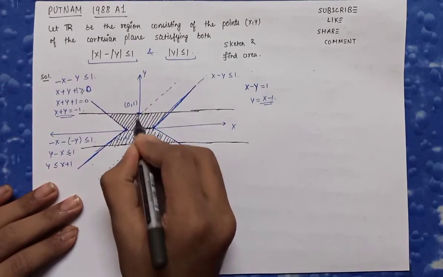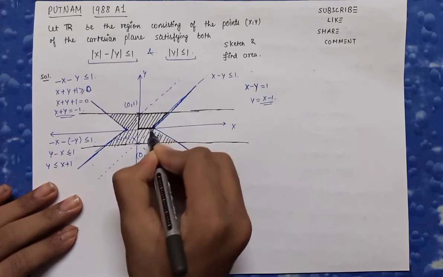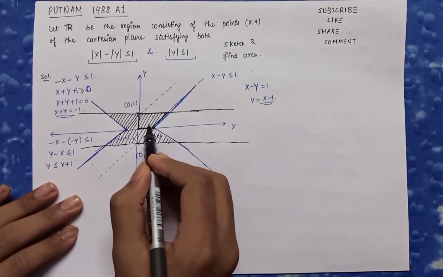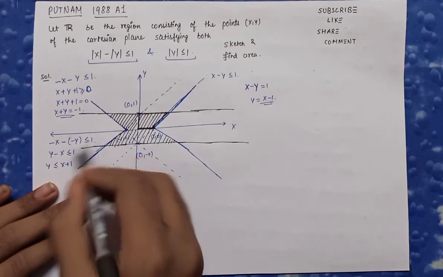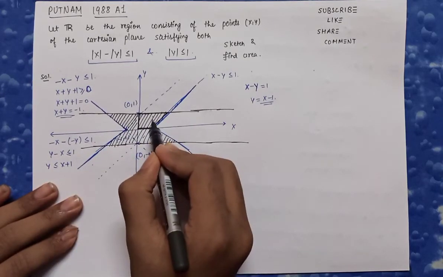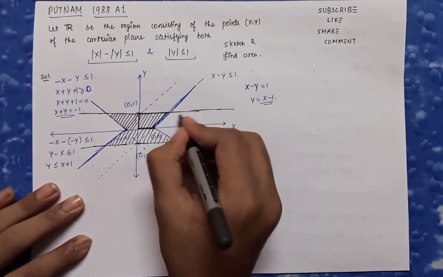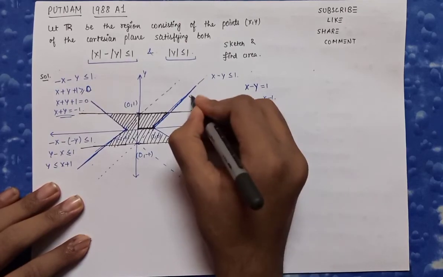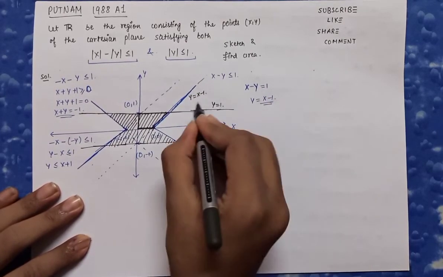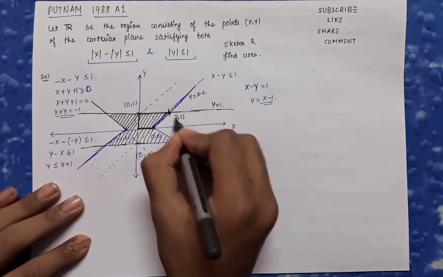If I carefully observe this trapezium and calculate its area, then by similarity all the other three trapeziums will each have an area equal to this one. When you solve y equals 1 and y equals x minus 1, you get this coordinate as 2 comma 1.